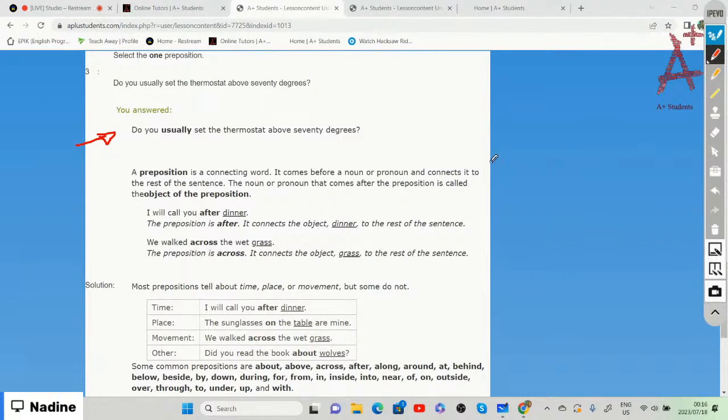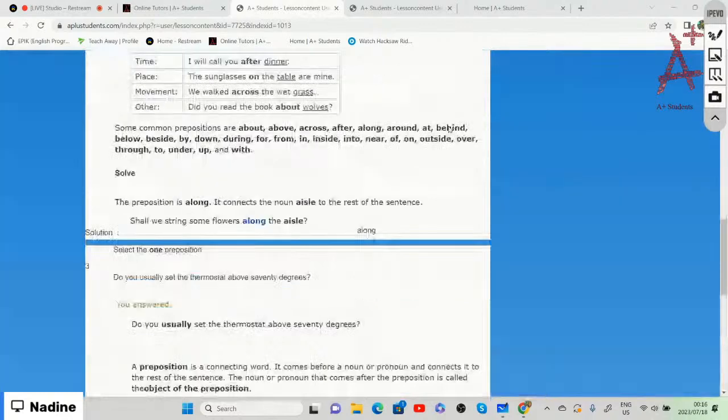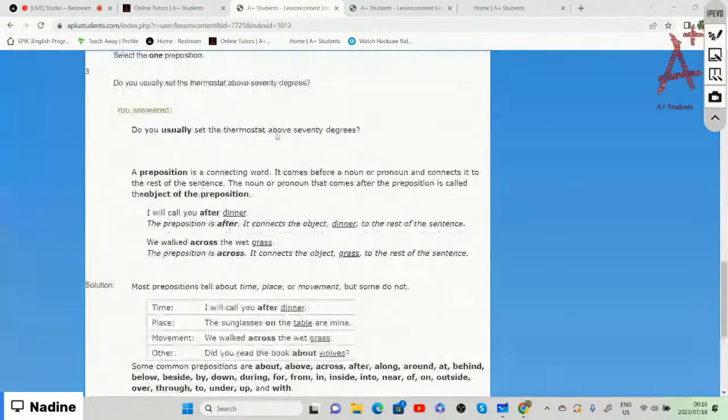All right, so if we were to choose our correct preposition, then we can say that it is above, and that is our preposition. So above is a preposition and it connects our object.